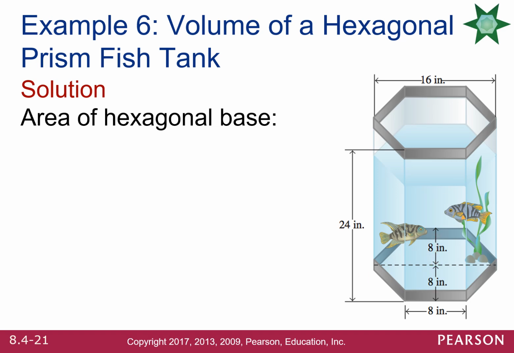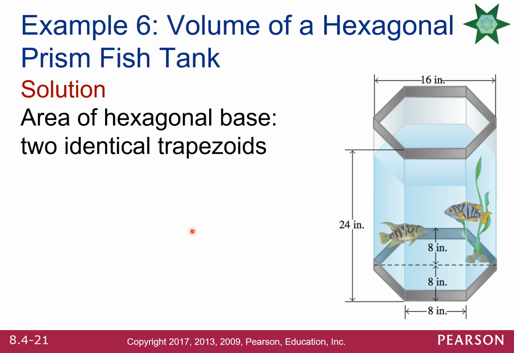So given that, let's look at the formula to find the trapezoid. So essentially what we will do is we'll find the area of this trapezoid, and then we will multiply that area by 2, which will give us the area of this entire hexagon, all right? And then we will multiply that by the 24 inches.